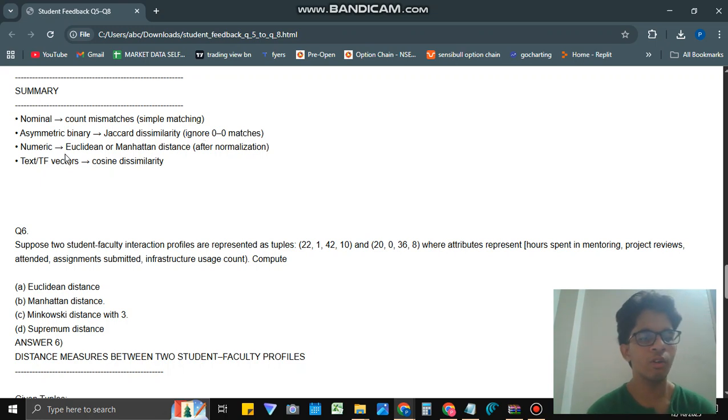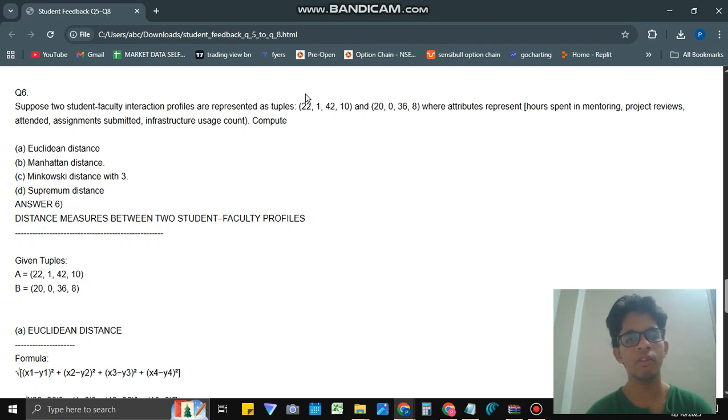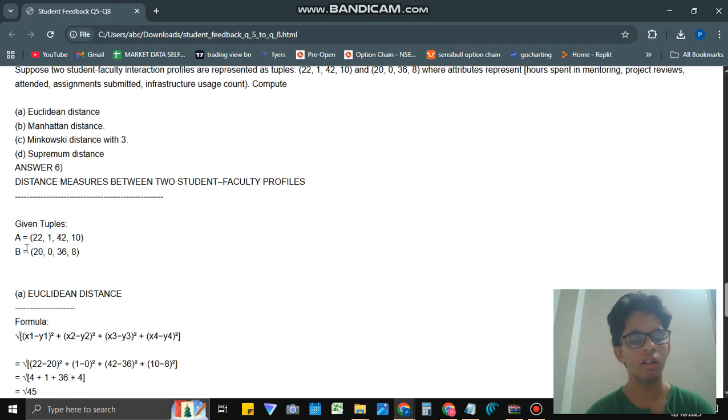Then for numeric attributes, we find Euclidean or Manhattan distance after normalization, and for text TF vectors we have cosine dissimilarity. Moving on to the next question, we are given two tuples A and B.